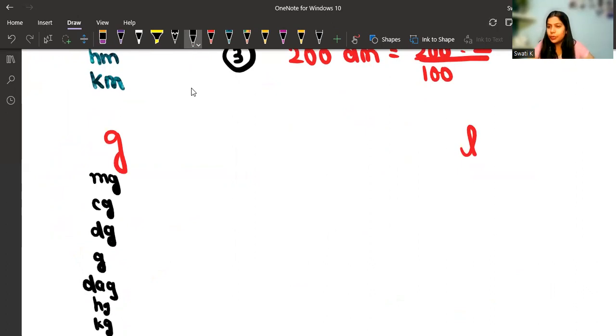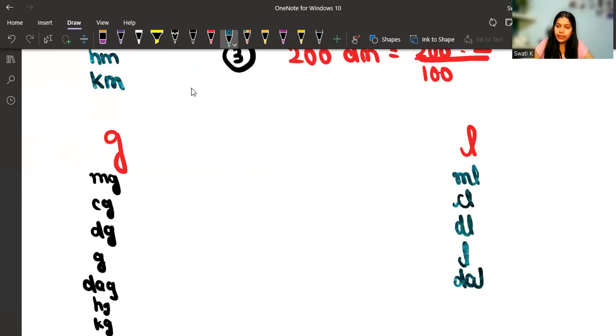I'll just take two examples in both cases to show that you can do all the questions using the same method. Here it is milliliter, centiliter, deciliter, liter, decaliter, hectoliter, kiloliter.